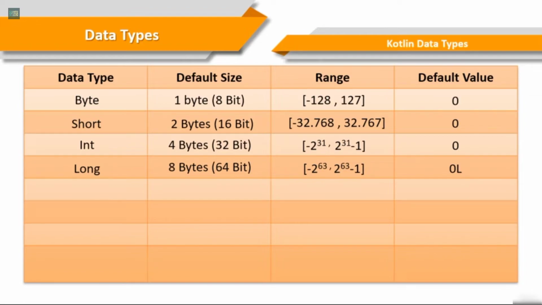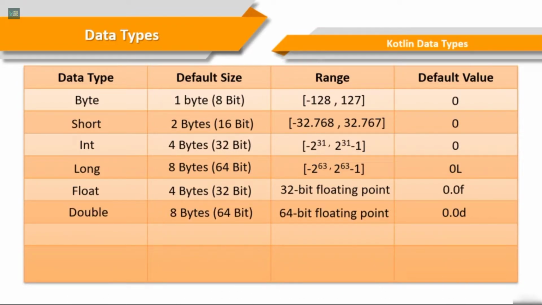You use this data type when you need a range of values wider than those provided by int. The float data type is a single precision 32-bit floating point. So if you need to save memory in large arrays of floating point numbers, definitely use a float instead of a double. The double data type is a double precision 64-bit floating point. For decimal values, this data type is generally the default choice.